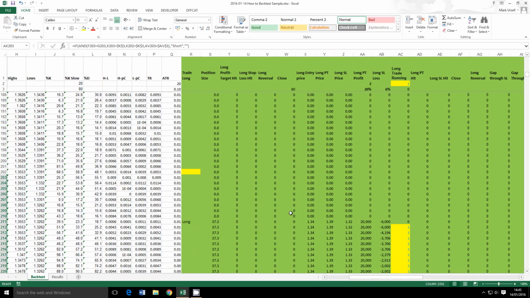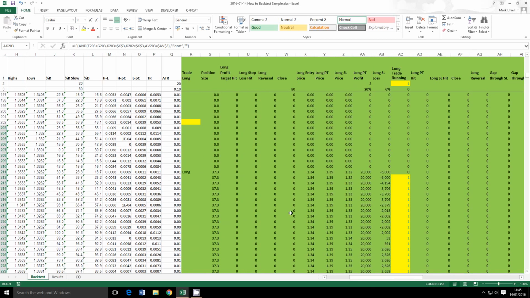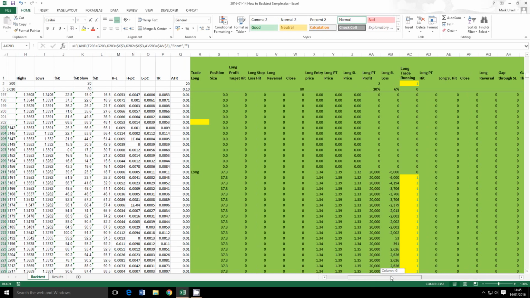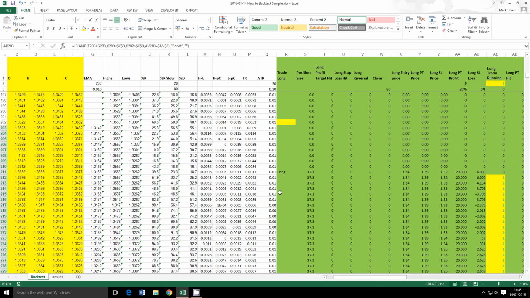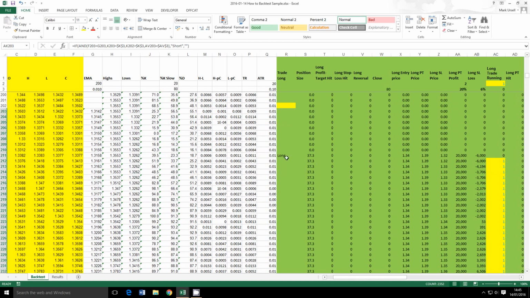Right, now I can scroll down a little bit. Always a good idea whenever we're testing, any form of testing, make sure we've inputted everything correctly. Well, I've got a long trade here. If I can go across here, I want to be sure that first of all the close is greater than the EMA. And we can see that, well, it is greater than.